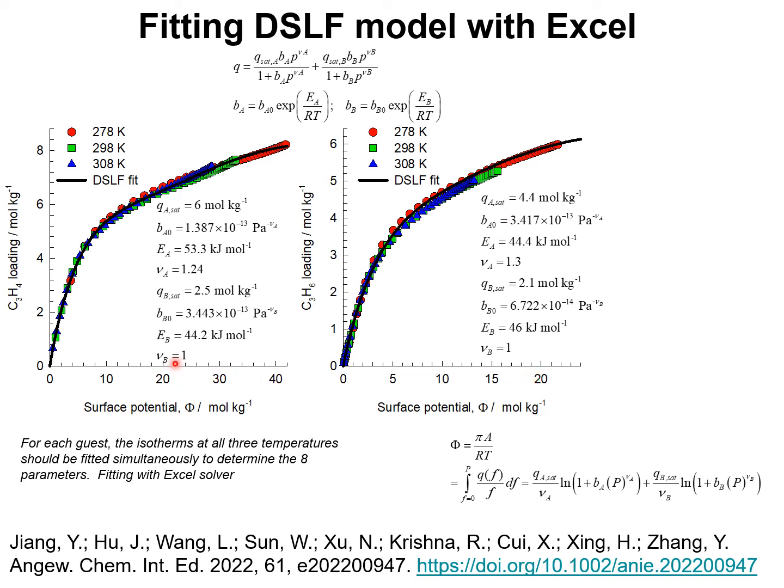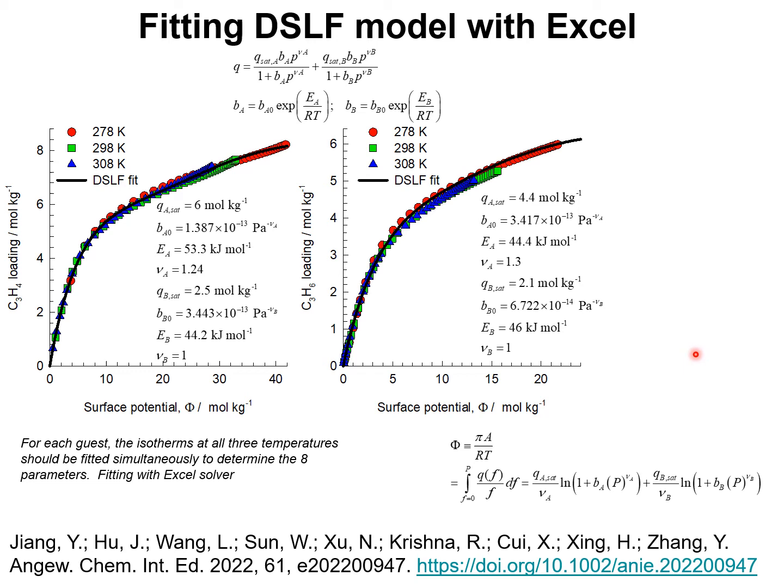Note also that I have here chosen the second Freundlich exponent nu B to be unity in both cases, because perhaps only one of the Freundlich exponents needs to be different from unity. And we note also here that nu A value is 1.24 and nu A value for propene is 1.3, close together.